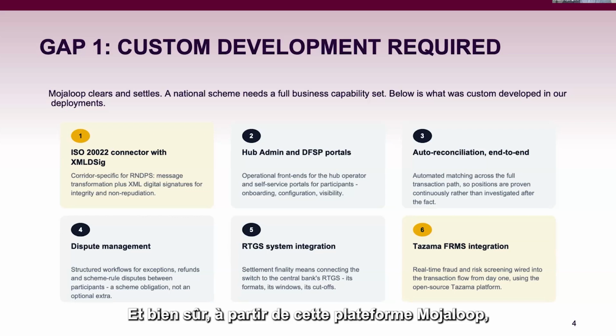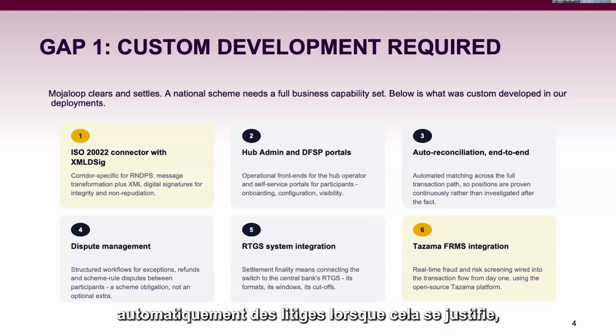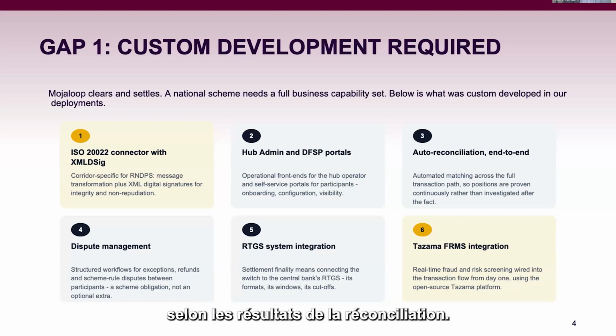And of course, from this platform or module, the logical next component would be dispute management, right? So from the automated reconciliation, this module is able to create disputes automatically where a dispute is warranted based on the results of the reconciliation, but it also allows participants to initiate their own disputes, and then the life cycle of the dispute goes through the system.